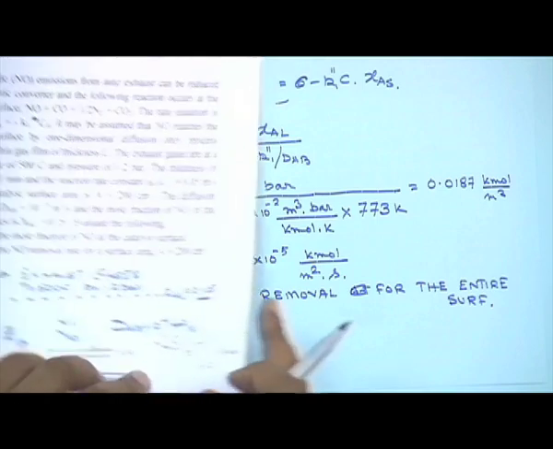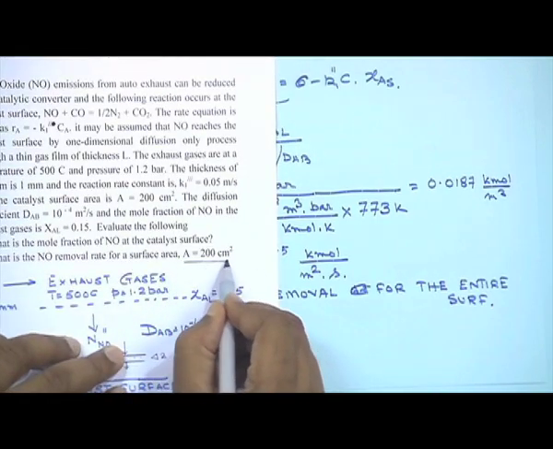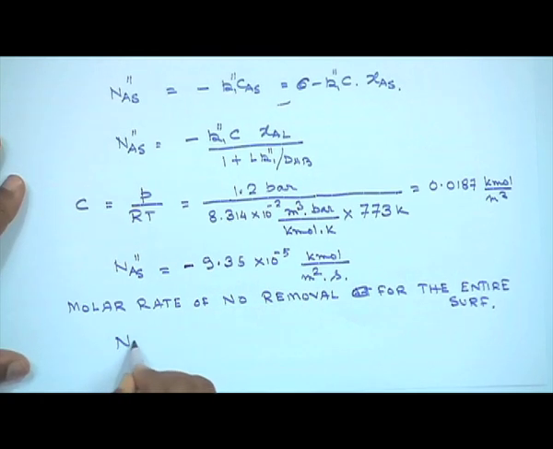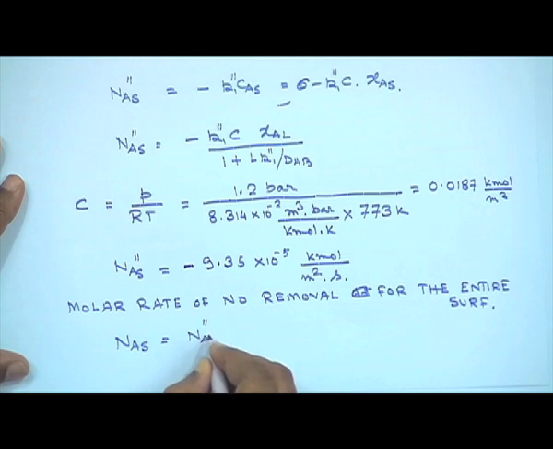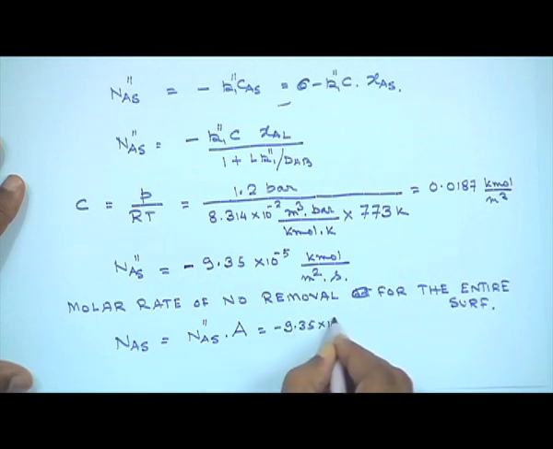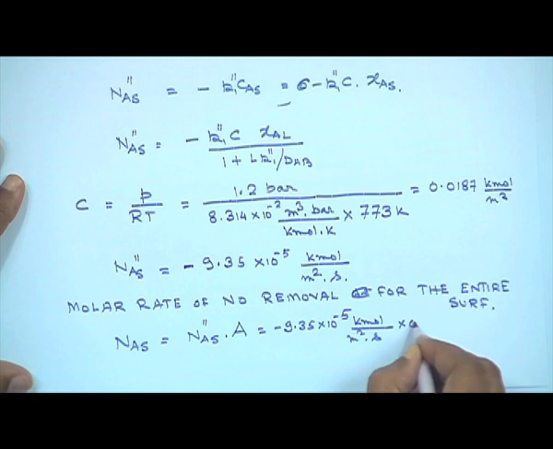I think this A is provided as 200 centimeter square. So, the total amount, which we denote as NAS, would equal NA double prime, the flux, multiplied by the area, which would be minus 9.35 into 10 to the power minus 5 kilomole per meter square times second into 0.02 meter square.